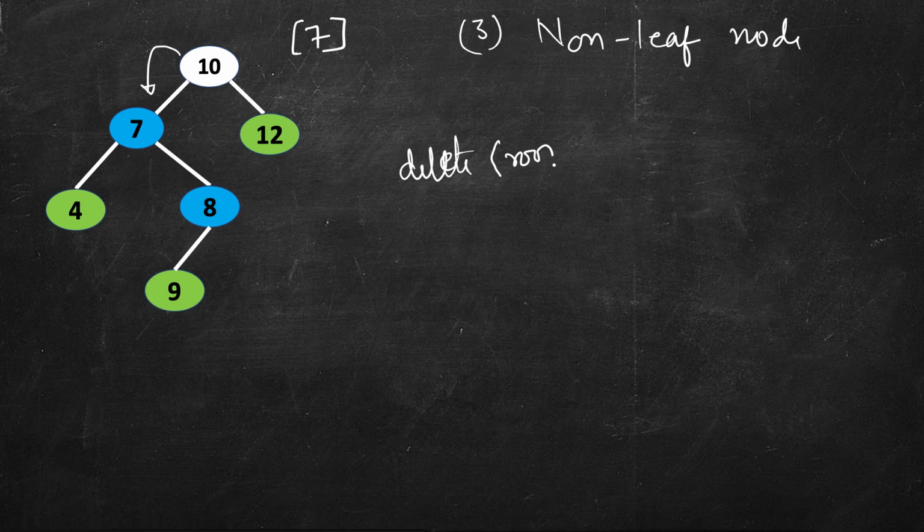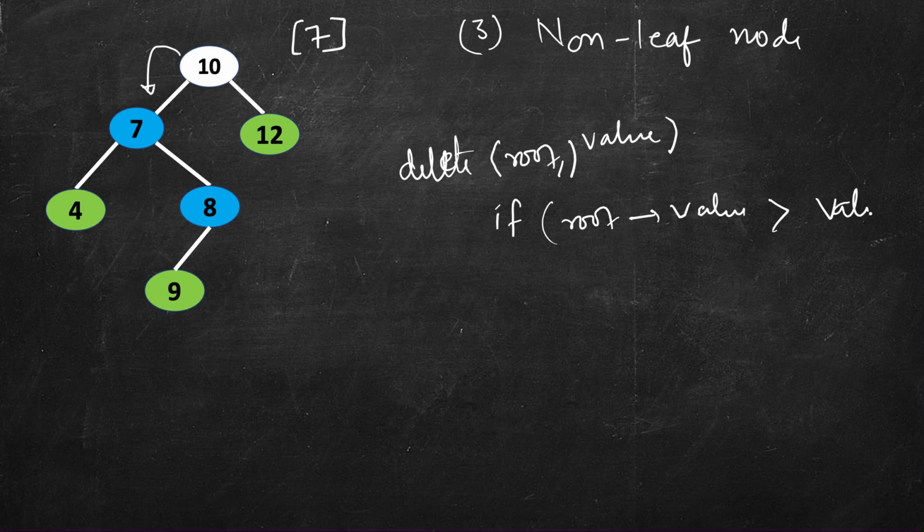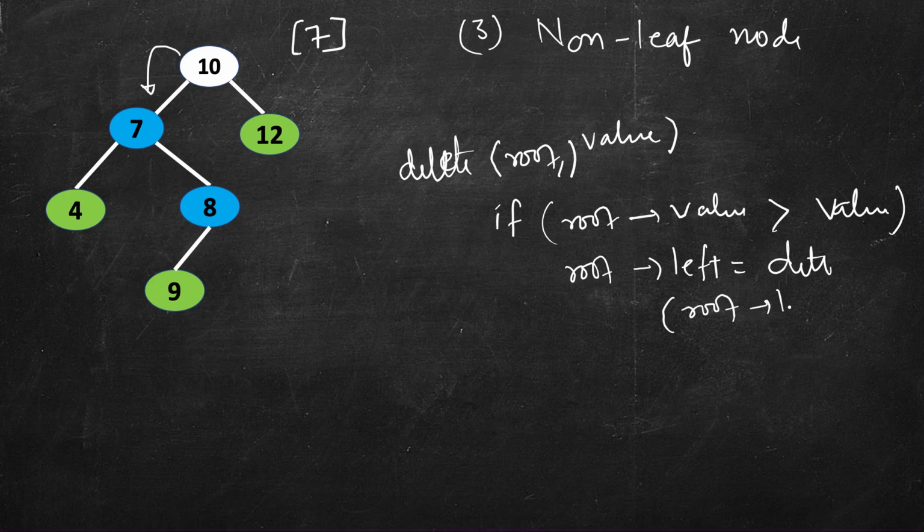So delete root, and also there will be one value. So if root value is more than value, then we have to delete in the left part. So root dot left equal to delete root left and the value that we want to delete.